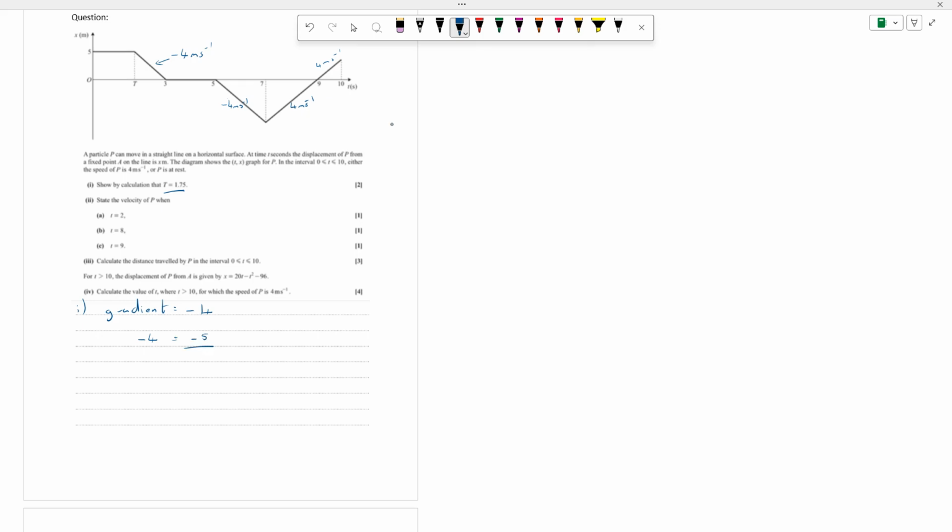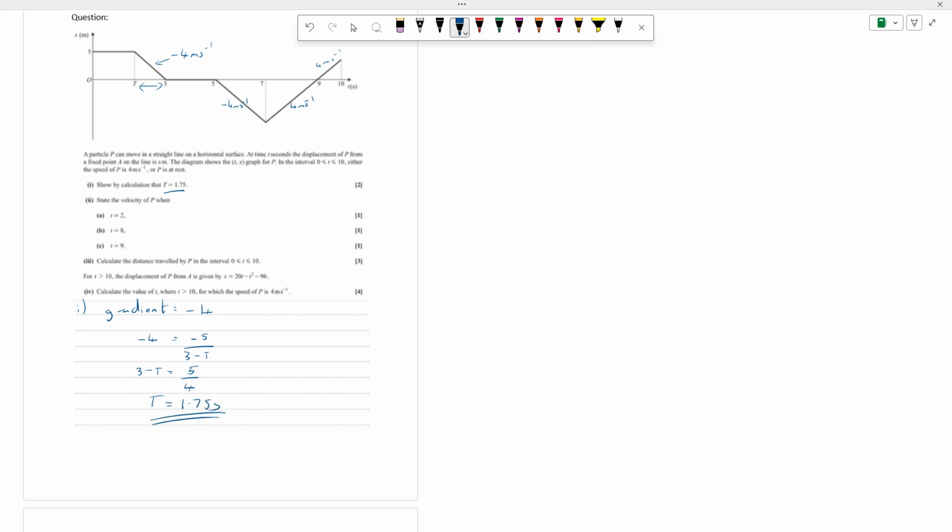On the bottom, I want to know what this distance is along the bottom, so I've got 3 minus t. Now, if I solve this, I'm going to have 3 minus t if I bring it up, and -4 down, so I get 5 over 4 because my negatives cancel. And if I solve that, I get t is 1.75 seconds, which is what they wanted me to show.